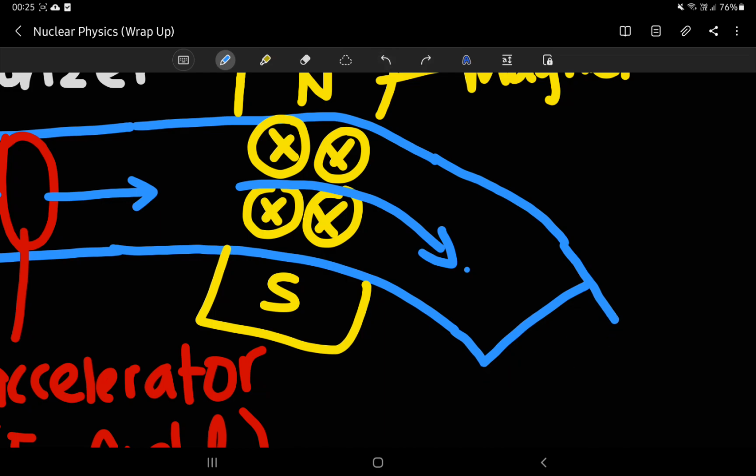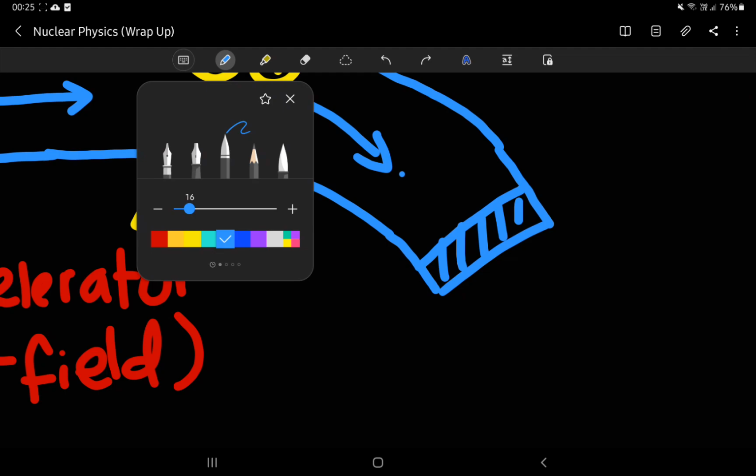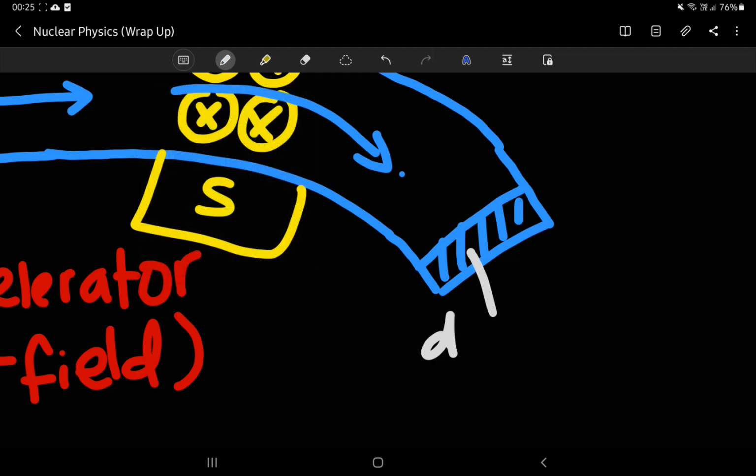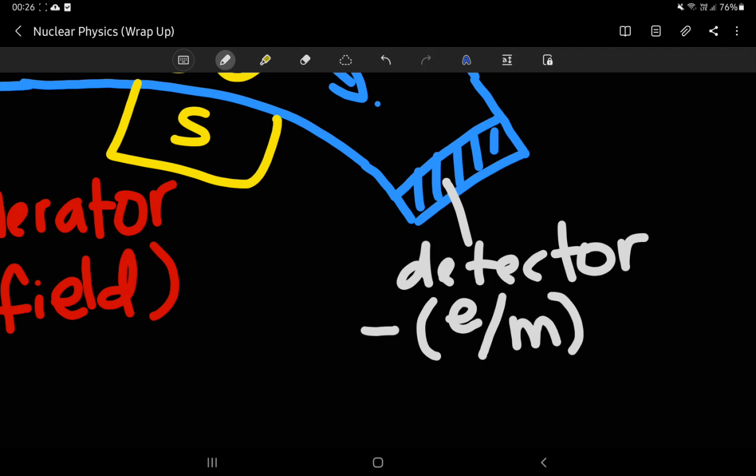The detector will detect the presence of this ion, and then it will separate them by charge to mass ratio.